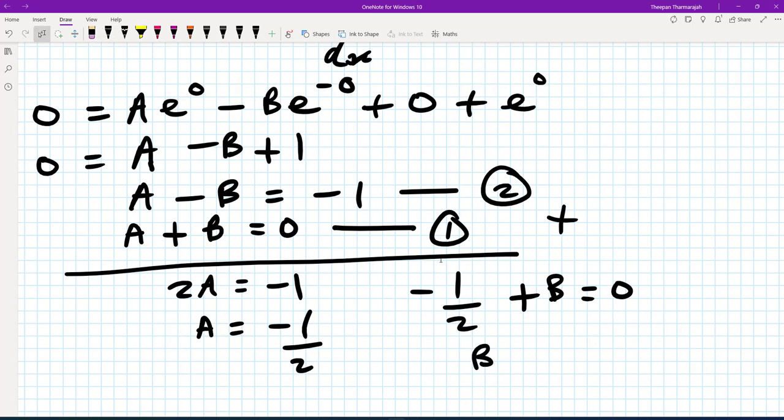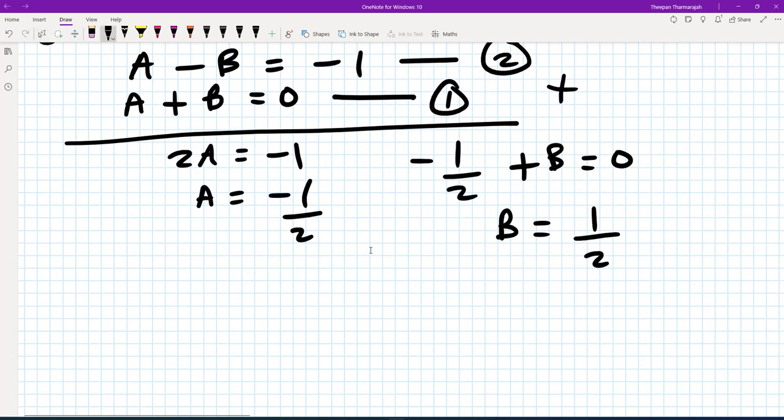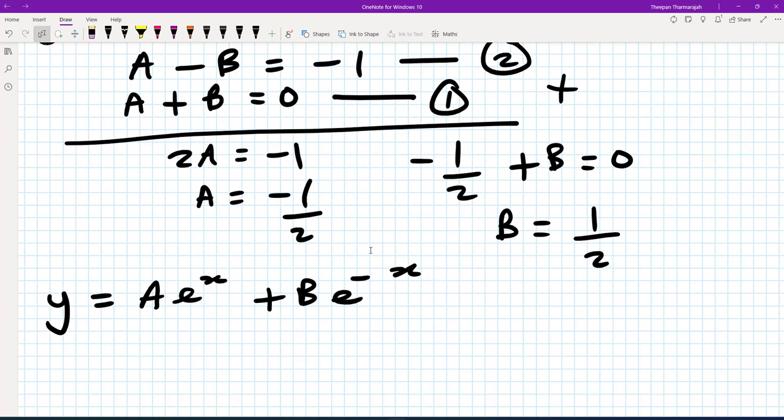So b is a half. So we could write our general solution out again, which is going to be a e to the x plus b e to the minus x plus x times e to the x.